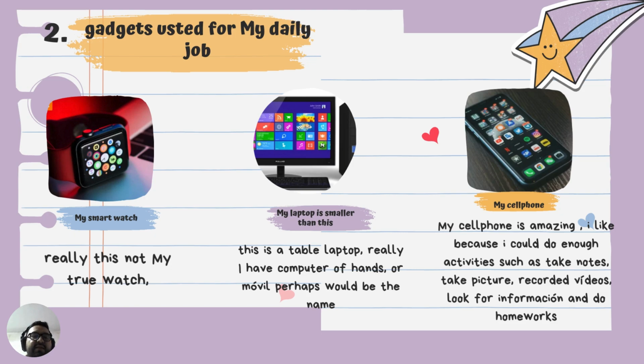Nowadays this is the fundamental instrument worldwide. In that case, it is digital work, and I consider that in the future the most important kind of job will be using the cell phone or technology.